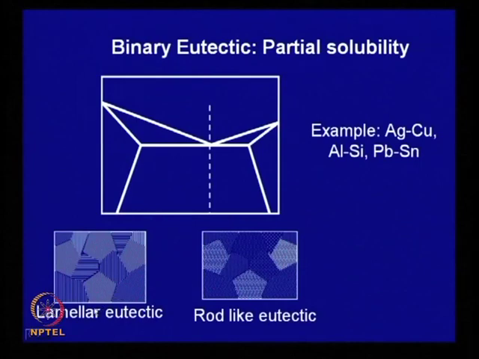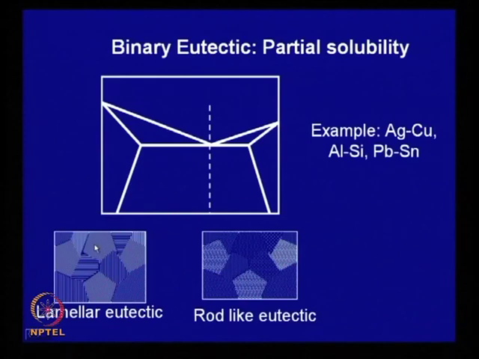One type of structure in a eutectic, say this alloy, here it is totally liquid, and once it solidifies and solidification is complete, you will have a structure which gives an intimate mixture of two phases, alpha and beta. Suppose alpha solidifies, the surrounding liquid becomes rich in beta, so automatically the beta solidifies.